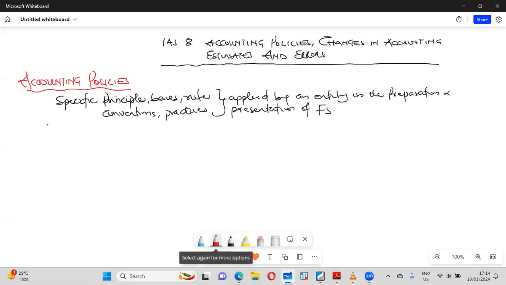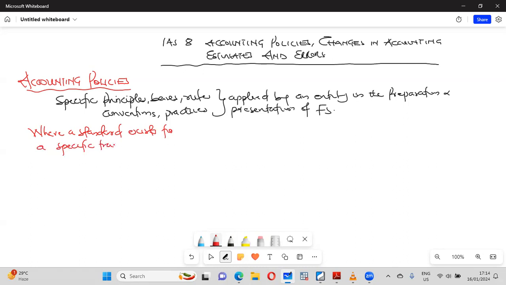So where a standard exists for a specific transaction, then what it means is that the policy will be the application of that standard. But what if a standard doesn't exist?